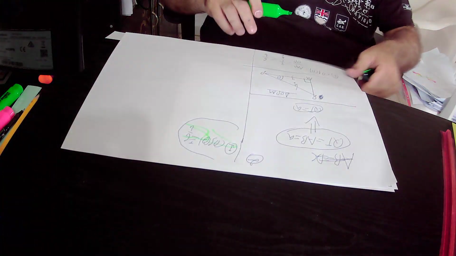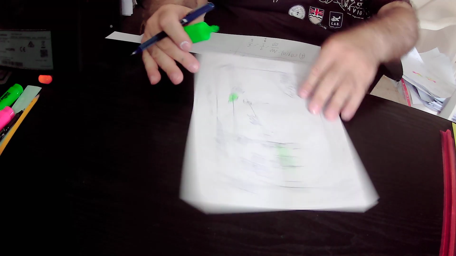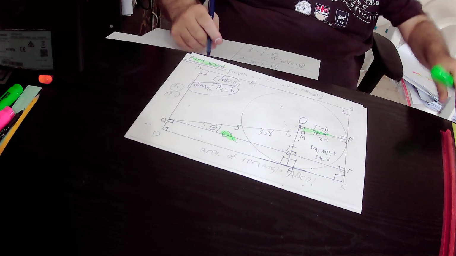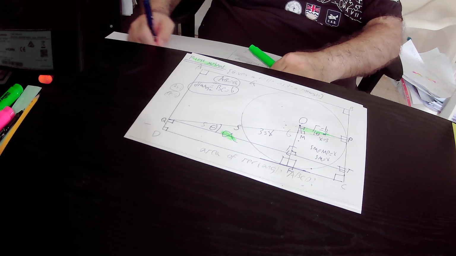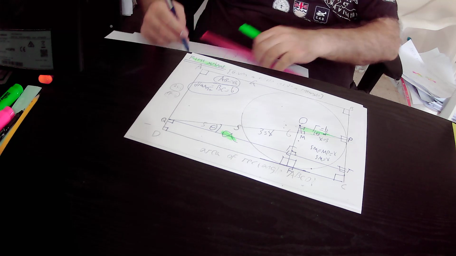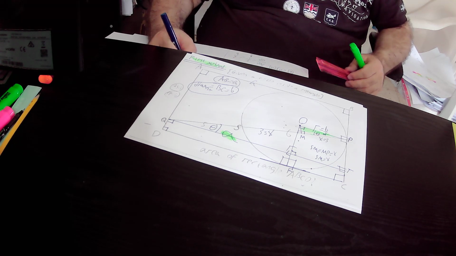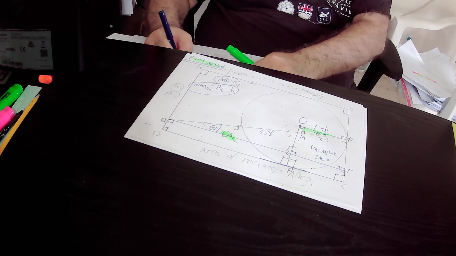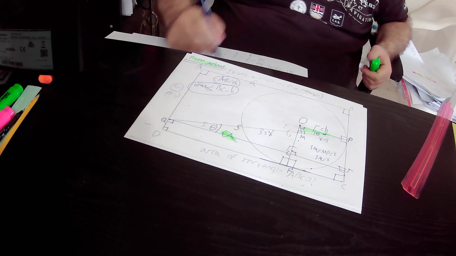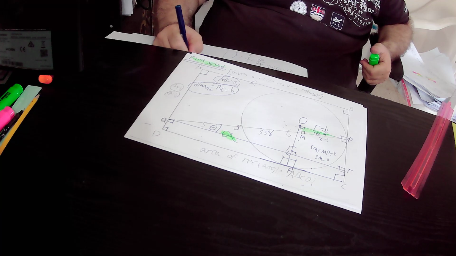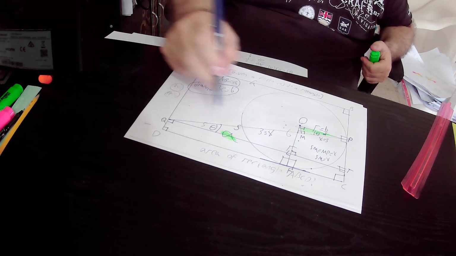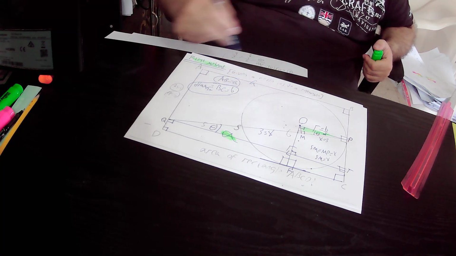In the next step, we'll focus on the right big triangle QPT. It's very easy to see from the drawing that cosine theta equals QT over QP.